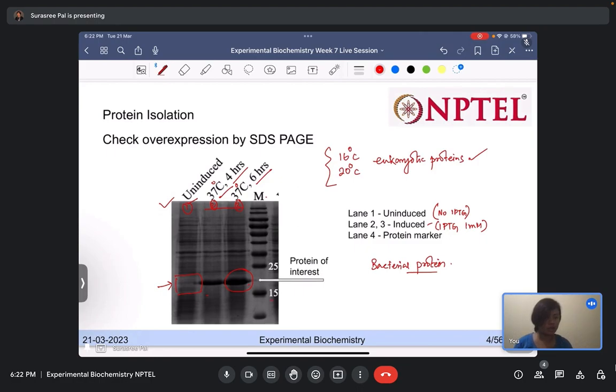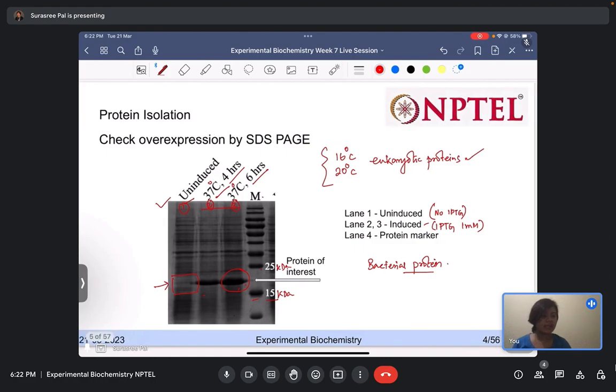This band is 15 kilodalton, and this band is 25 kilodalton. We know our protein is 20 kilodalton in weight, so our protein band has come between 15 and 25. By analyzing the marker band positions also, we can determine that this is our protein which has been overexpressed. So we are checking this by SDS-PAGE.